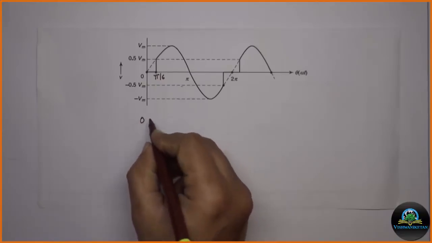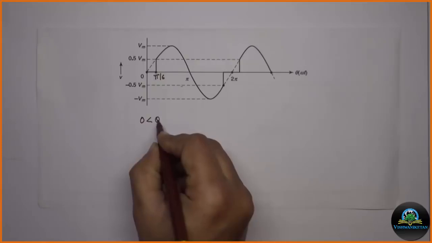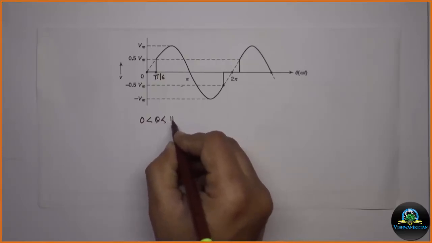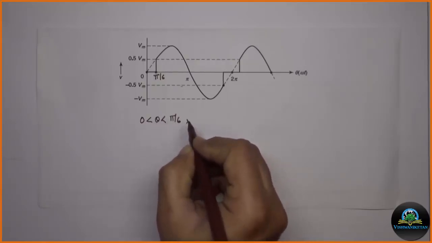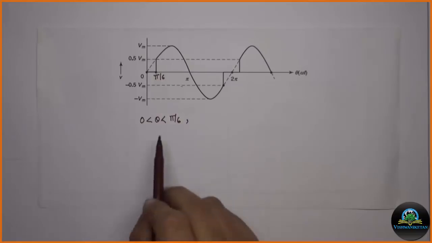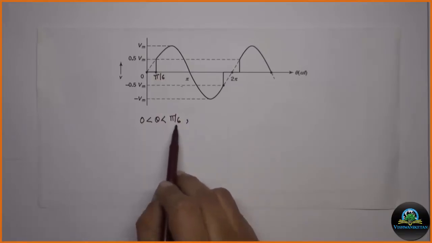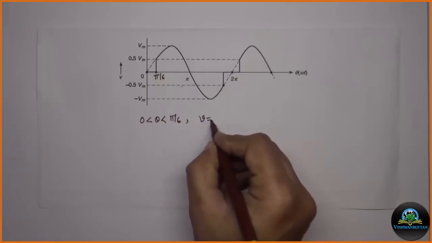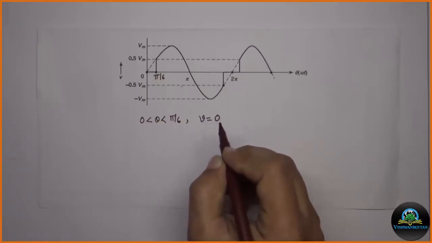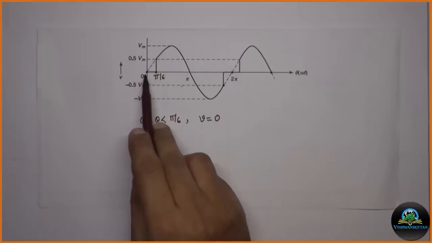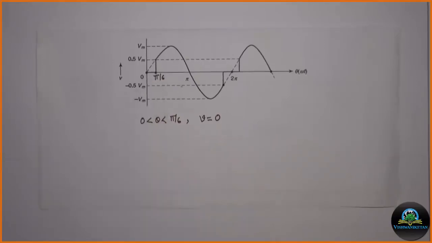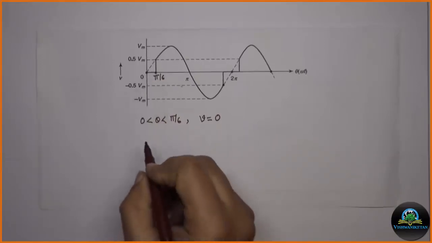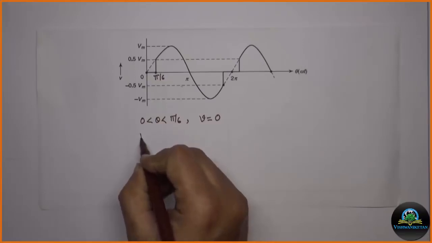So, first interval is 0 to pi by 6. So, that means theta varies from 0 to pi by 6. During this interval, the value of voltage is 0. From pi by 6 to pi, that will be second interval.